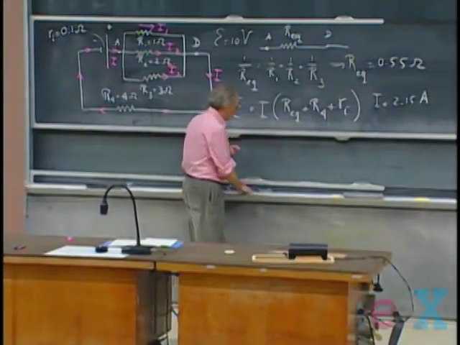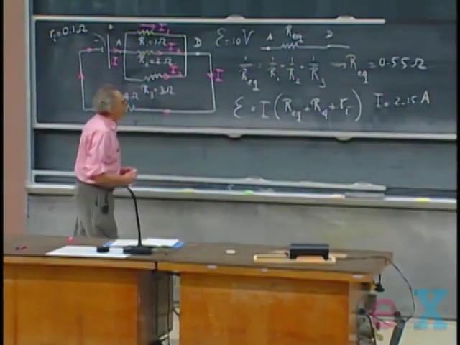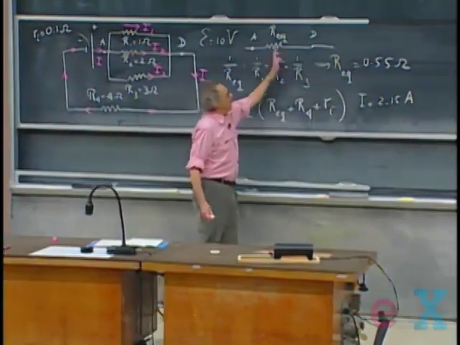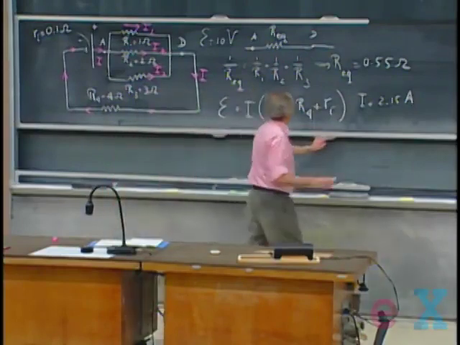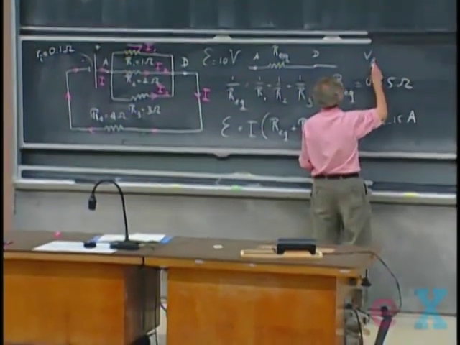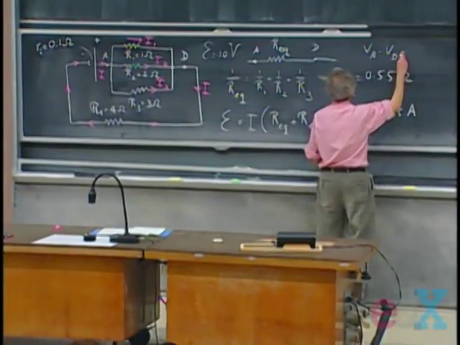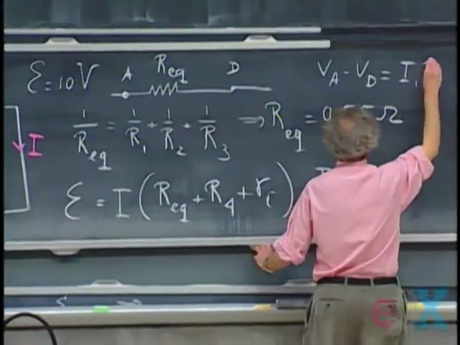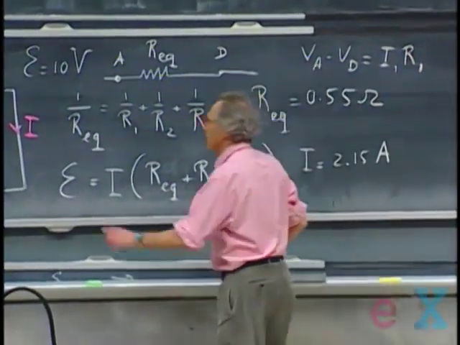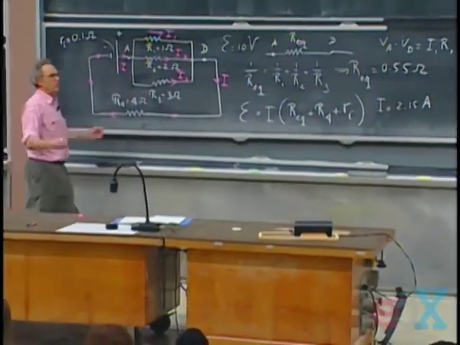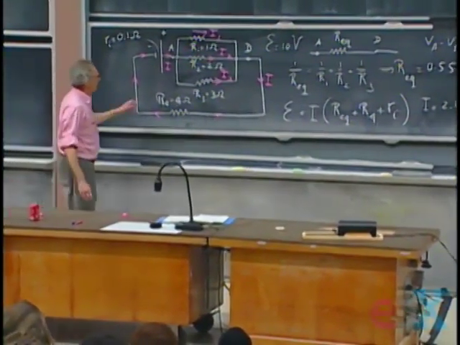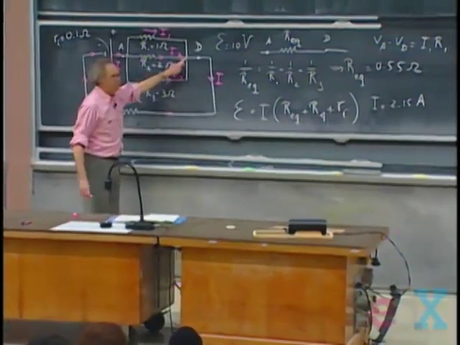Well, if I know the potential difference between A and D, VA minus VD, that must be, according to Ohm's law, I1 R1, if I go this route. But since we're dealing with conservative forces, I can also go through this path.